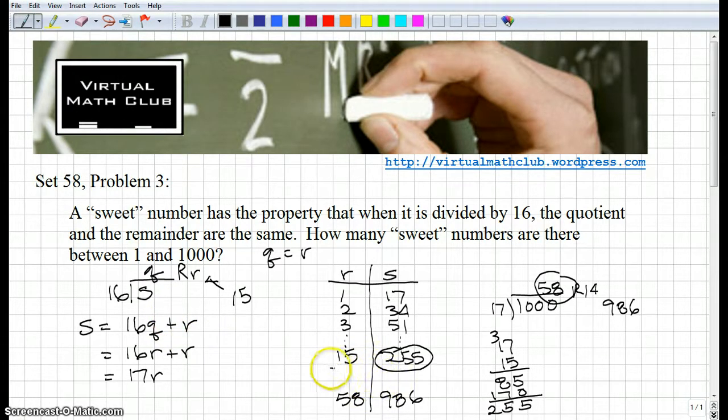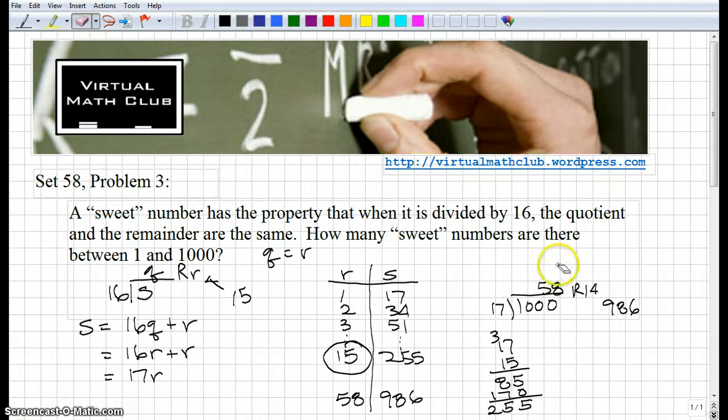So we're asked to find how many sweet numbers there are. I already circled 255, but I probably shouldn't have, because 255 is not our answer. The answer is that there are 15 sweet numbers total, and that's it.